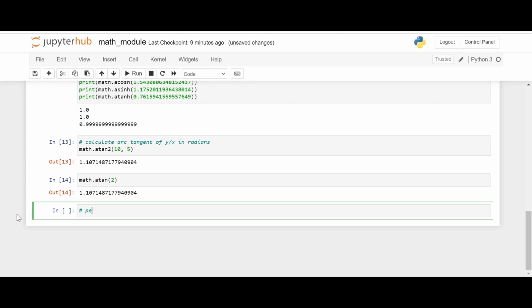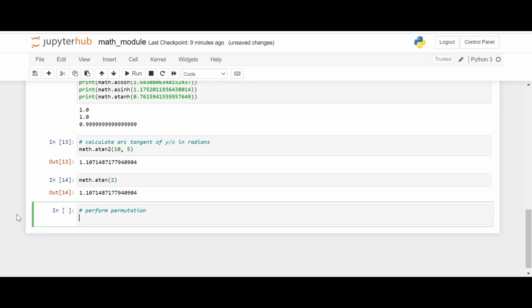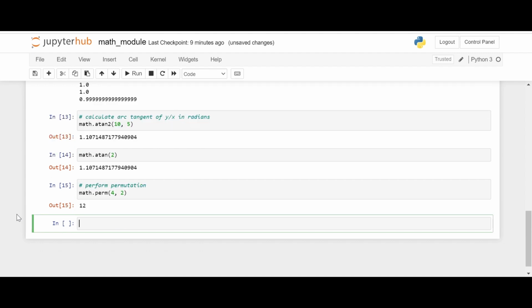Now let's perform permutation. So math dot perm for 4, 2. So this is basically the nPr formula. So the way this works, n factorial divided by n minus r factorial. Let's convert it to this one.